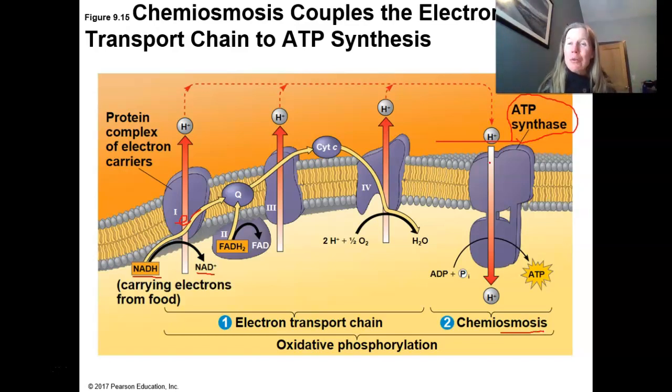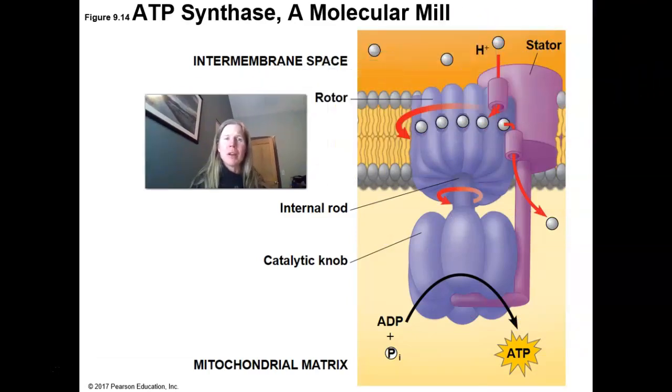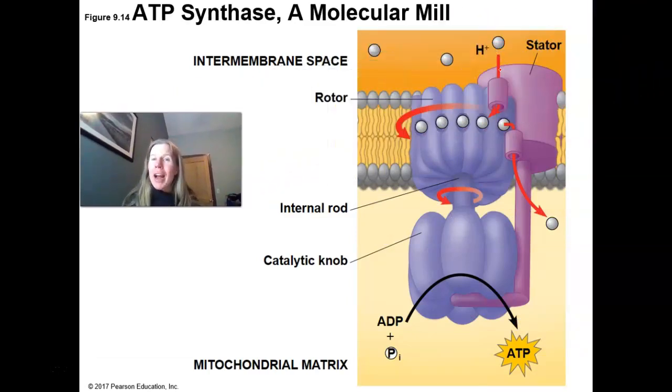Anyway, they go through this ATP synthase, and they actually are able to spin the ATP synthase like a turbine. Look at this. So I'll get out of your way. As the hydrogen comes into the ATP synthase, the way it docks actually starts this rotor going. So every hydrogen is essentially fueling the turning of this turbine.